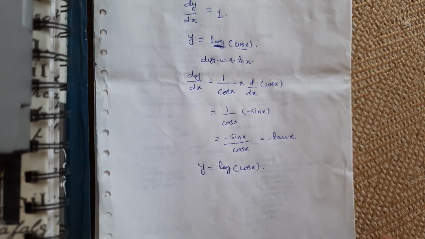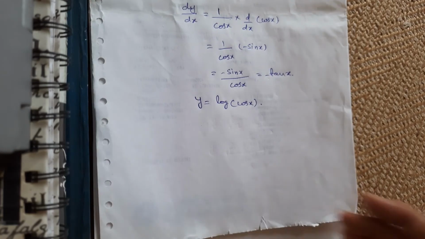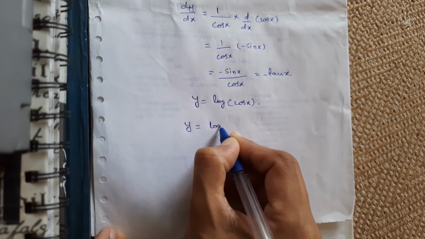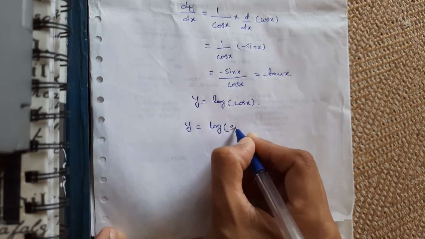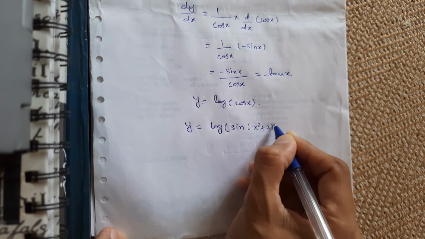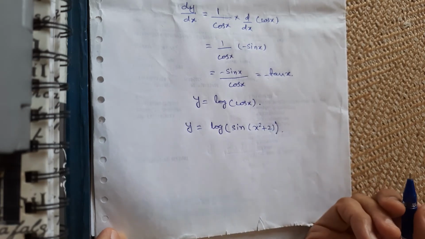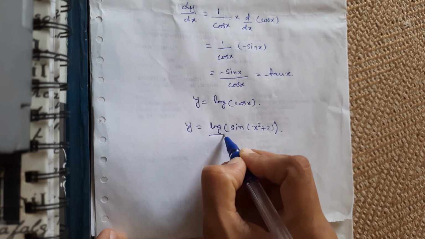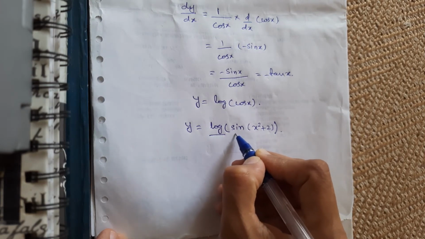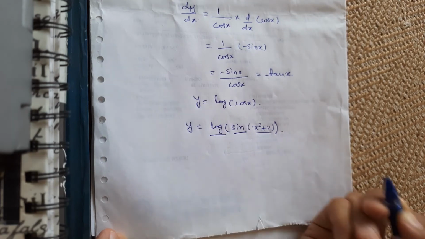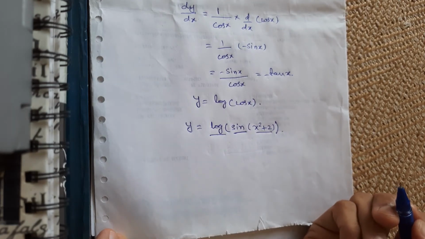Okay. Now let's go to a more complicated problem. For example, I have y equals log of sin of x square plus 2. Okay. Now my outer function is log x. Inside the log x I have sin x, and inside the sin x I have x square plus 2. Okay.